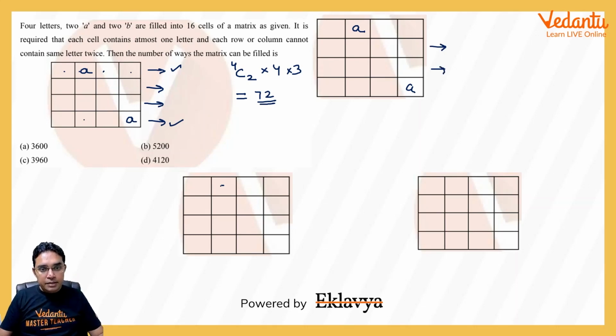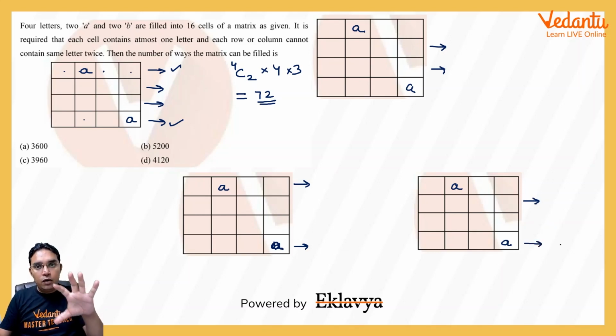My second case would be I will fill my B in those rows only in which the 2 A's have already been placed. And then I will take the case in which one row is where A has not taken place, and one row is where A has taken place. This is how I am going to do it, so that no case is repeated or left out.